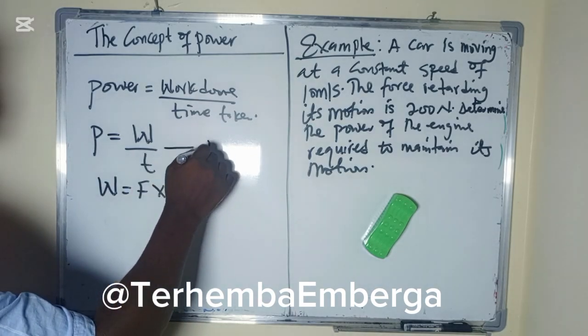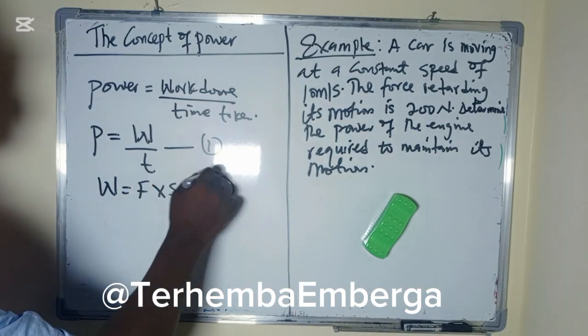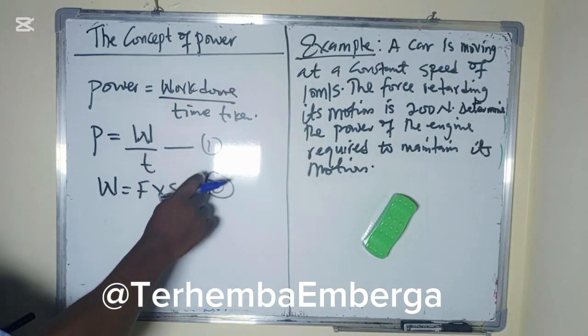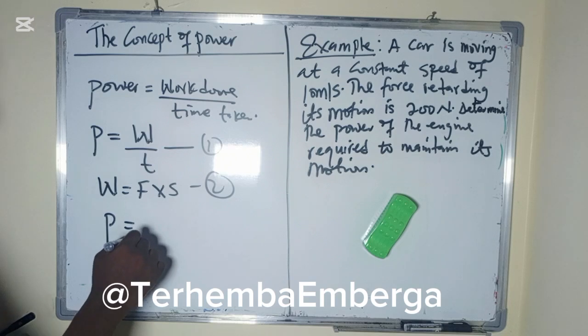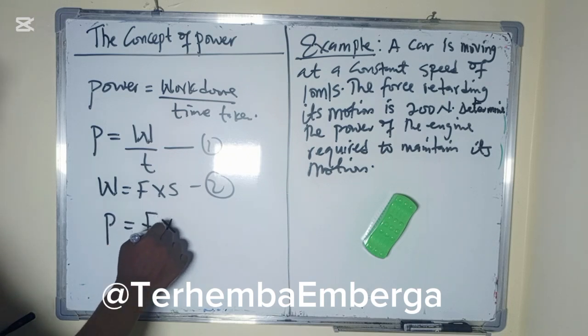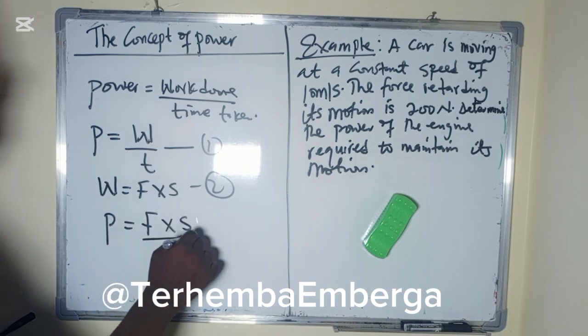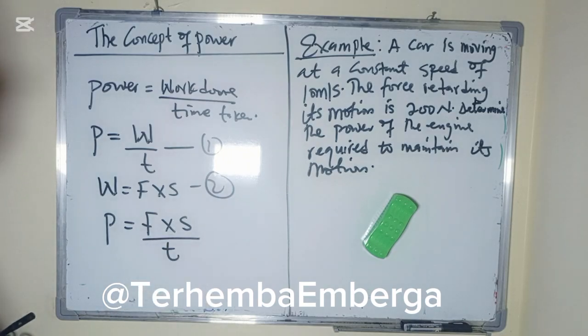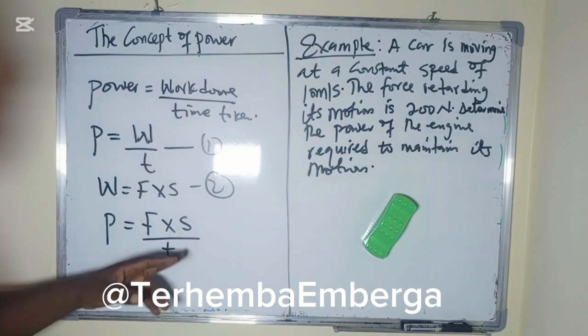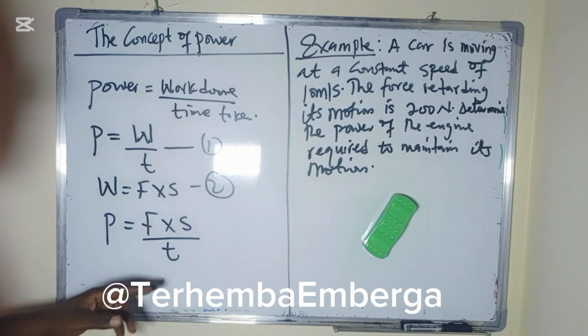So if this is equation 1 and this is equation 2, if you now substitute equation 2 into 1, we can now say that power is equal to F times S all over time. So in this case, this is distance, this is time.